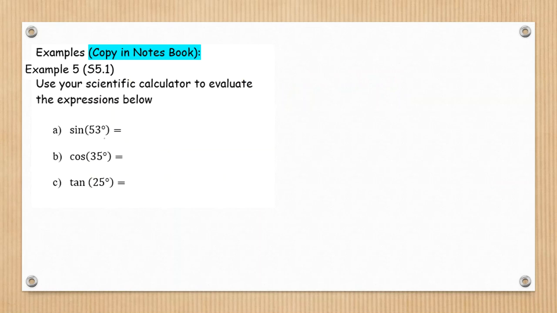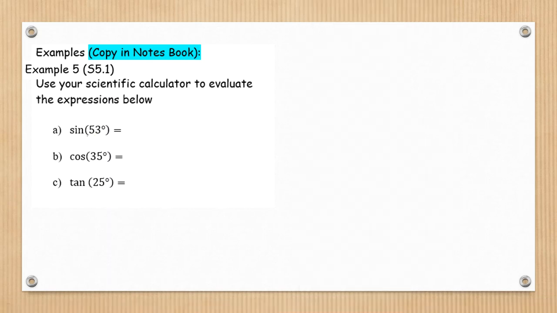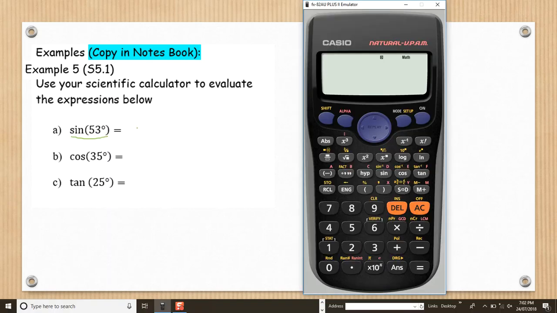So we have questions like this. What is the value of sine 53 degrees, cos and tan? So for these problems, sine 53 degrees, we need to make sure that the calculator is in degrees mode.